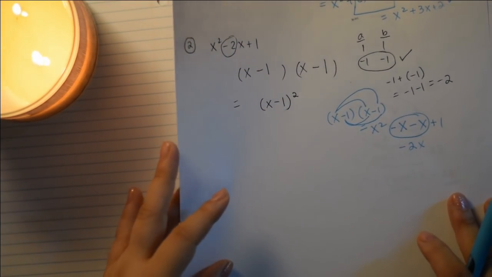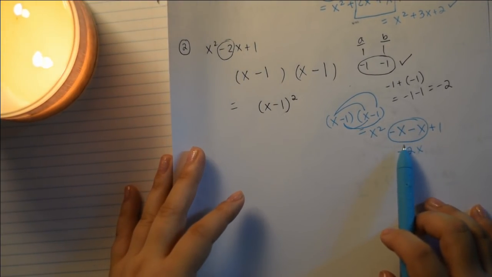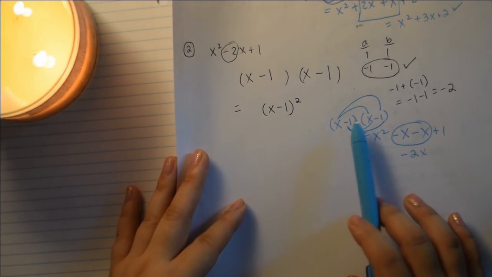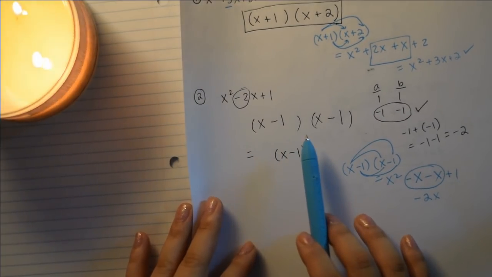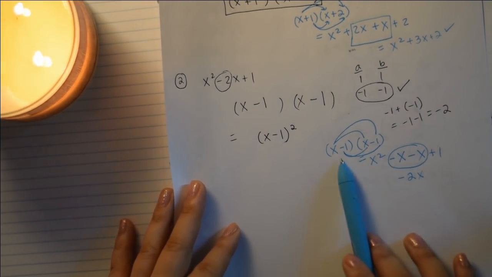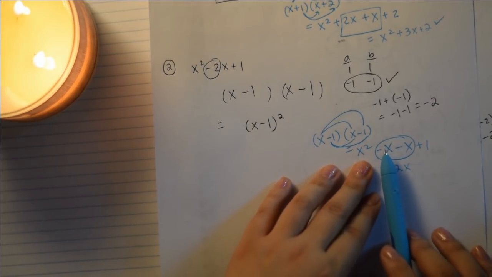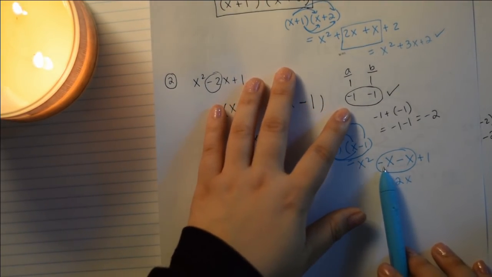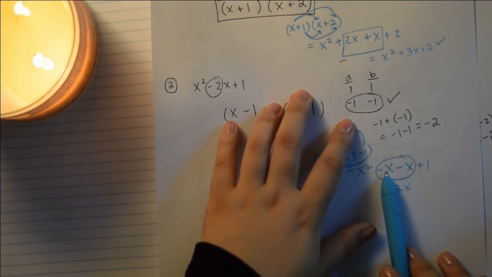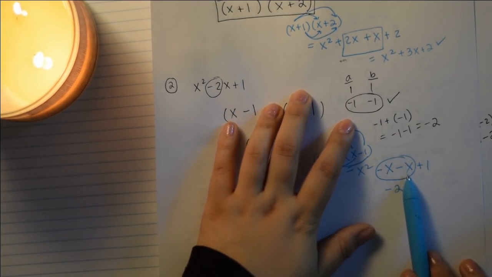Sorry, I got a little bit cut off there. When I'm multiplying the x minus 1 times x minus 1 out, when I FOIL that out, notice that when I write out these pairs, I'm looking at the coefficients of the x parts.